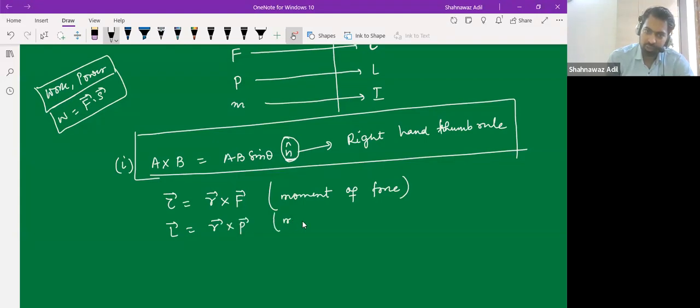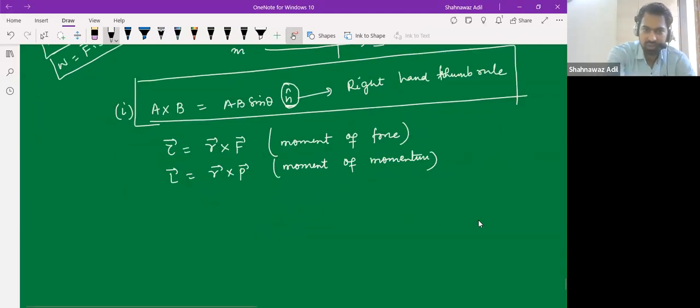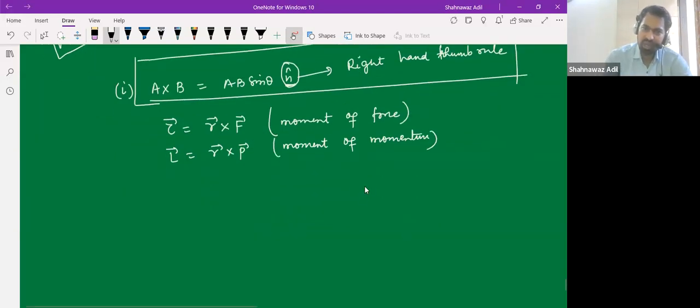This is momentum. And we already know about the fourth chapter. In the fourth chapter, you already know how force is related to momentum.